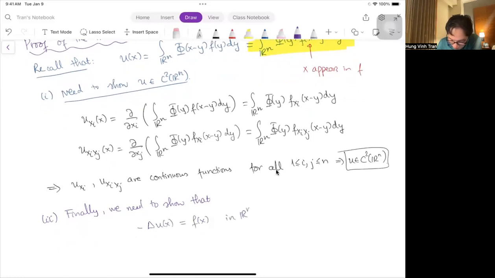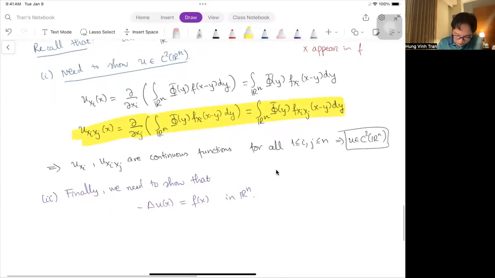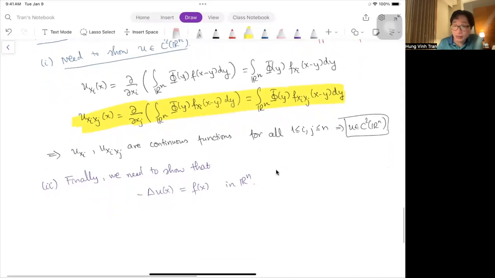That's what we needed to show. Remember that we already computed the second order partial derivatives of u up here. Now we just put it together to get the Laplacian first to see what's going on.